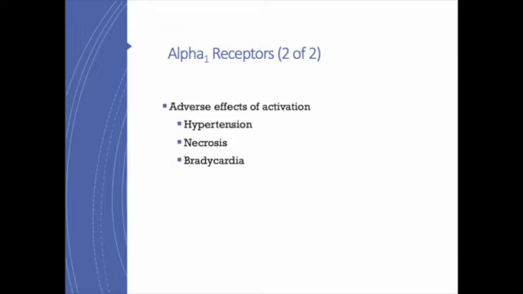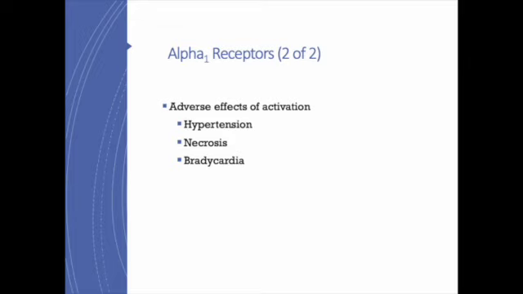So if you ever have to give an alpha 1 agonist intravenously, you must monitor the cardiac output and rhythm continuously. Check things before you give it, and during, like blood pressure, peripheral pulses, and urine output. All of those things need to be assessed frequently with alpha 1 agonists for the adverse effect of hypertension.